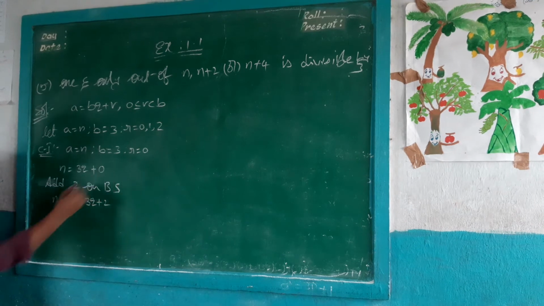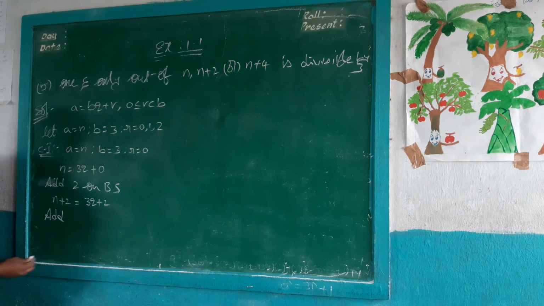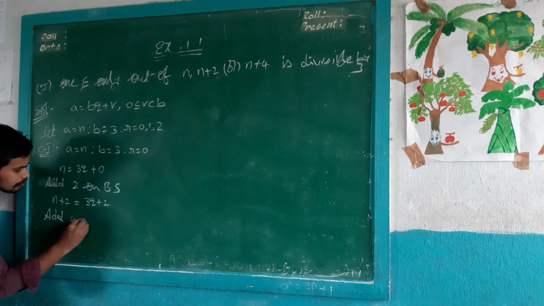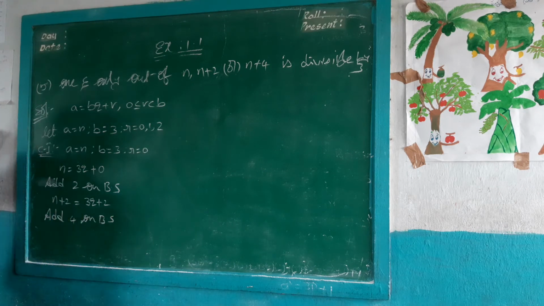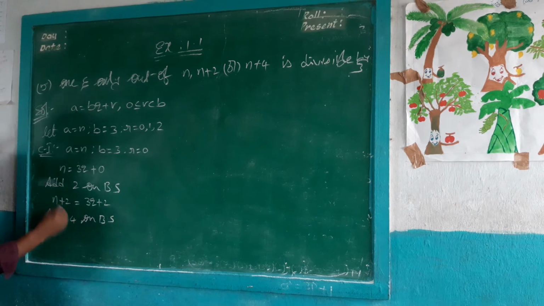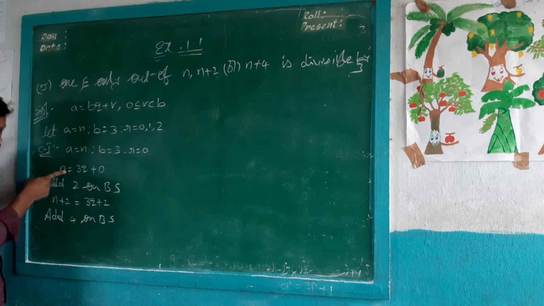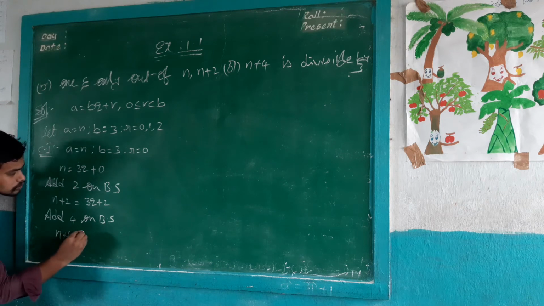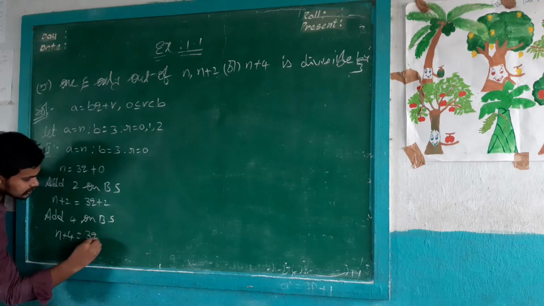Now what is the next value here? 4. Now add 4 on both sides. So n plus 4 equals 3q plus 4.